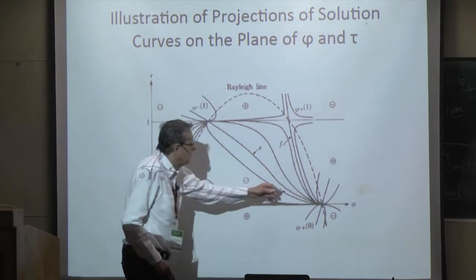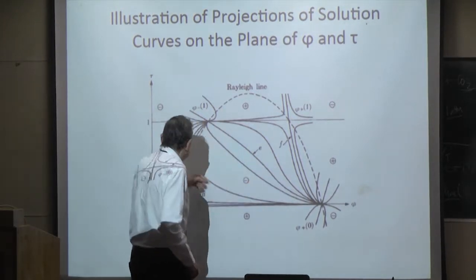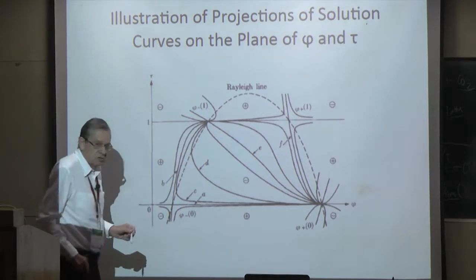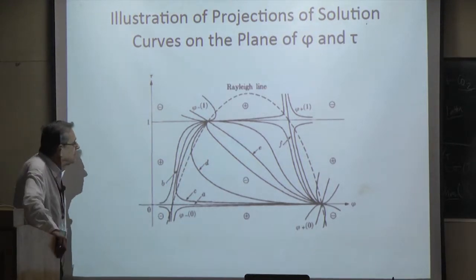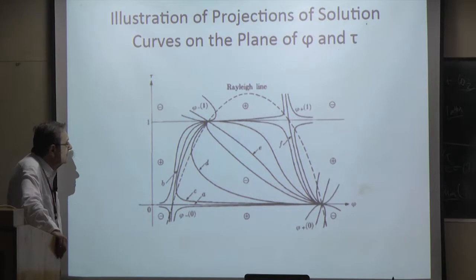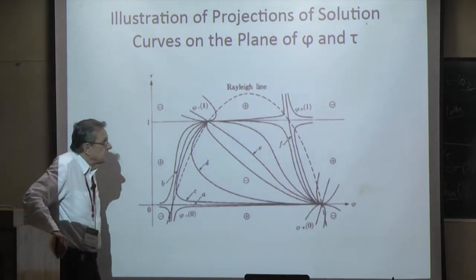Well, is the curve like this, or is it like this, or is it like this? Which one is it likely to be? And that depends on the rate of heat release.